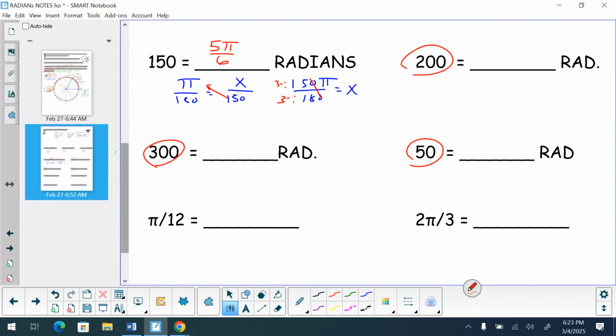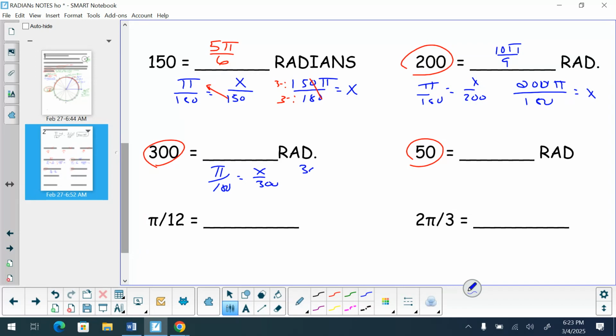So looking at these, we have pi over 180 is equal to x over 200. Multiply by 200, 200 pi over 180 is equal to x radians. Take a 0 out, we can take 2 out. So we should have 10 pi over 9 here. Pi over 180 is equal to x over 300.